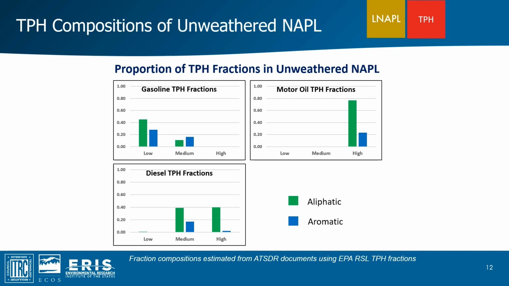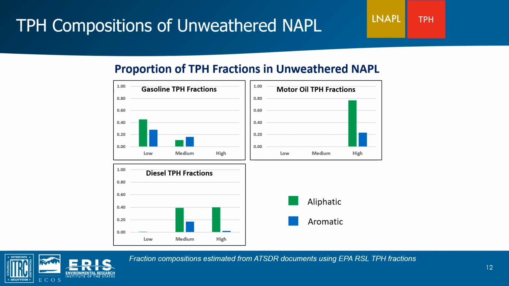The x-axis shows the presence of the 6 fractions in increasing equivalent carbon number: low, medium, and high. Colors differentiate the 2 hydrocarbon classes, in which aliphatics are shown in green and aromatics are shown in blue. The y-axis is the proportion with a maximum value of 1. For each graph, the total fraction proportions are 1 or 100% by weight.